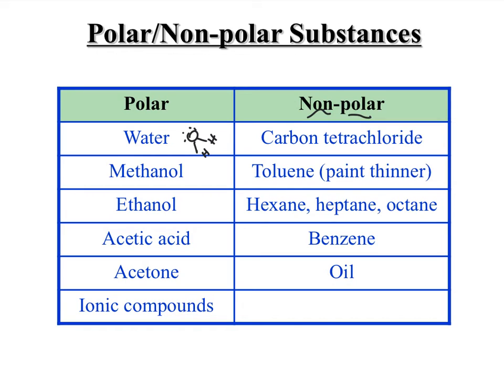Methanol. Methanol happens to have 3 H's on it, just like the molecule before. And then it has an O and an H. Well, this part here is polar. But this part over here is nonpolar.